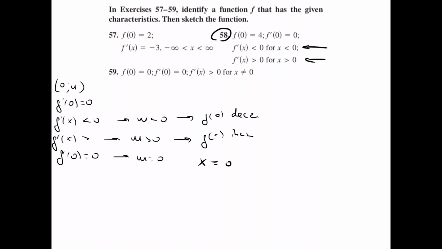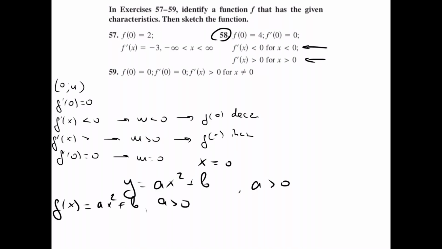All this description fits an upward parabola with symmetry around the y-axis. The equation of such a parabola is y equals ax squared plus b, where a is positive. We can rewrite this as a function: f of x equals ax squared plus b, where a is positive.